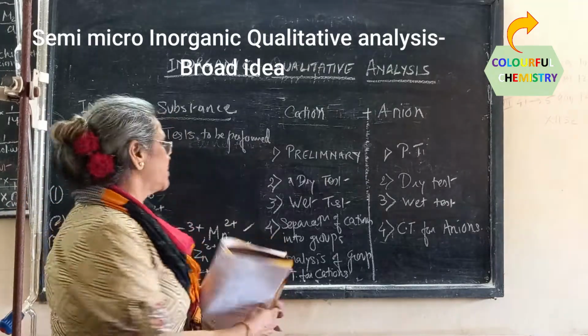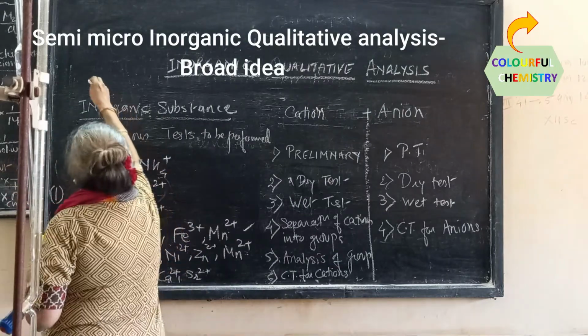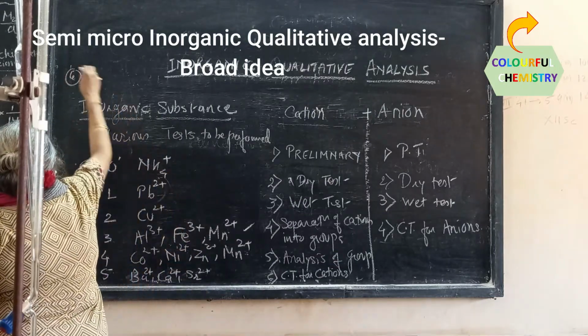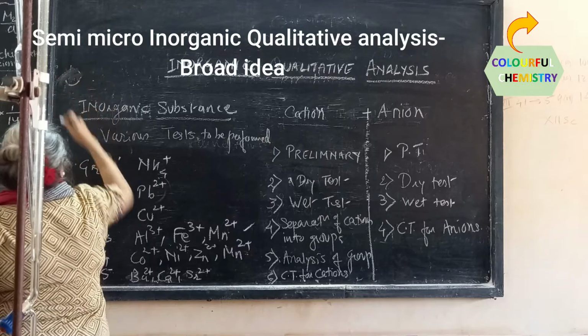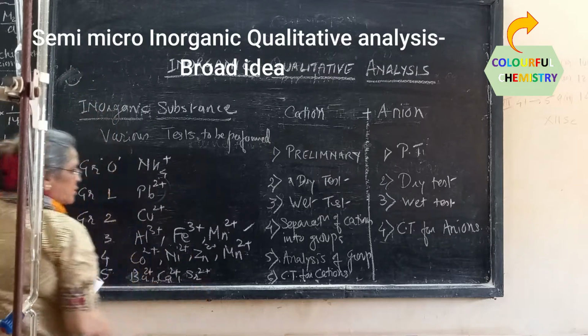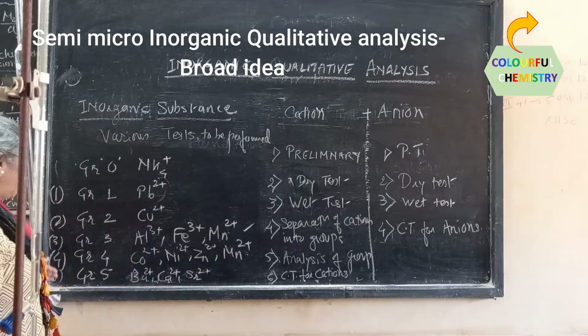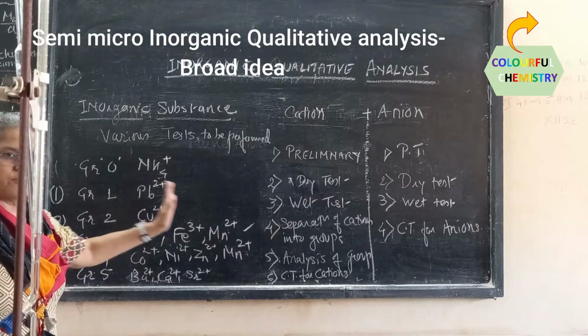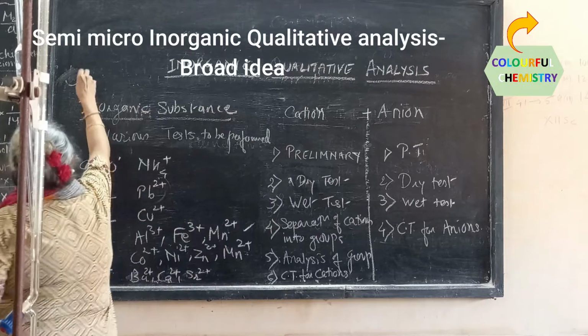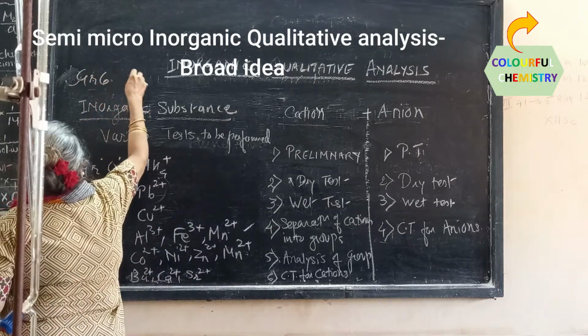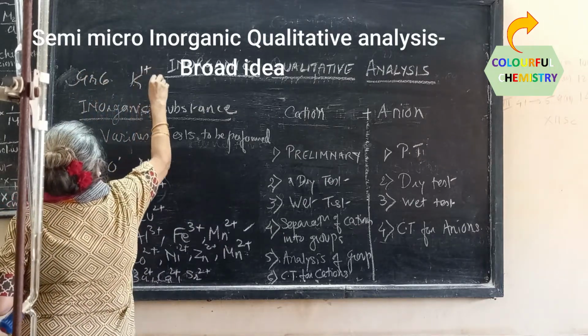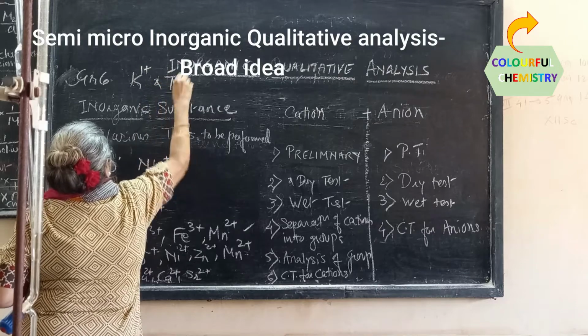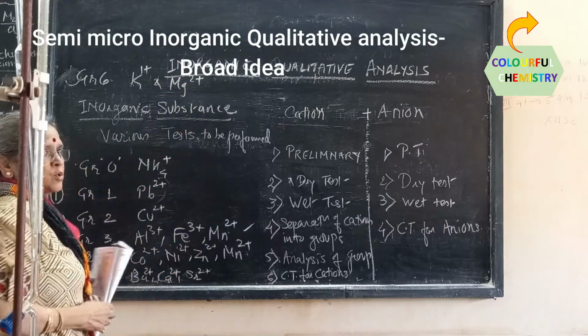Under group 6, we have group 6 by performing step 6. If you don't get a precipitate for any of the groups by performing steps 1, 2, 3, 4, 5, that means cations of group 6 may be present. Group 6 has potassium monovalent ion and magnesium bivalent ion.